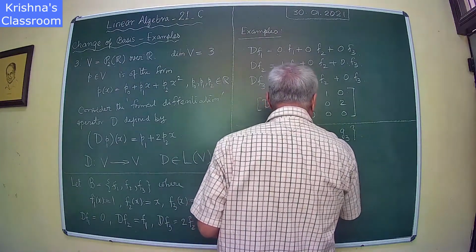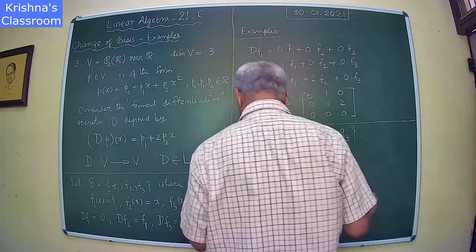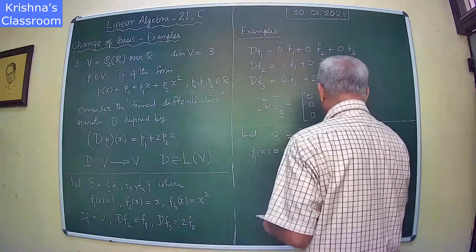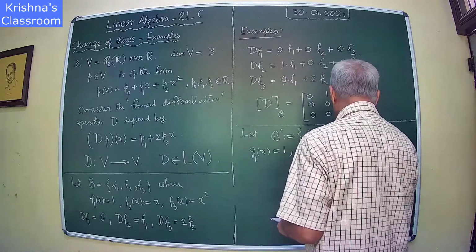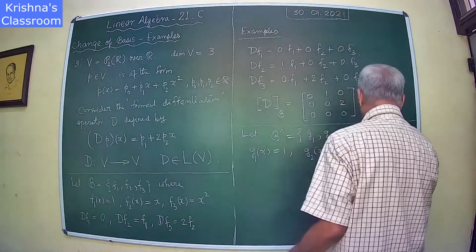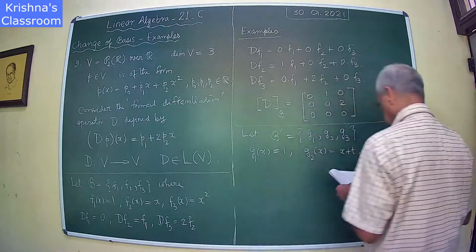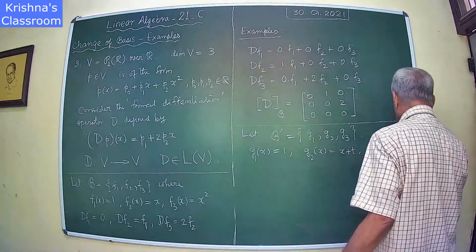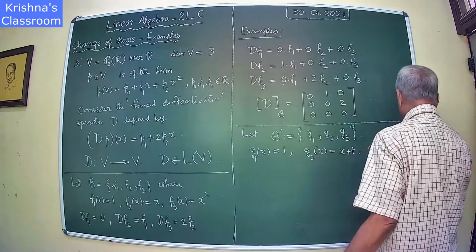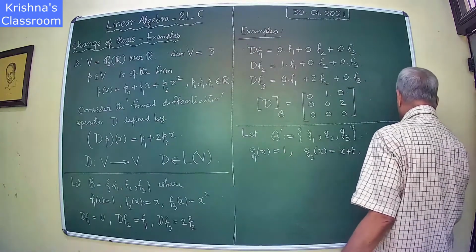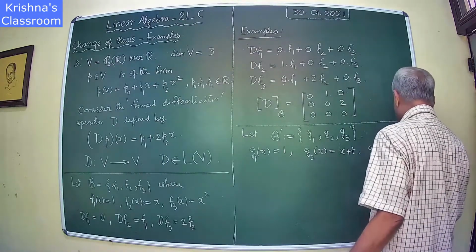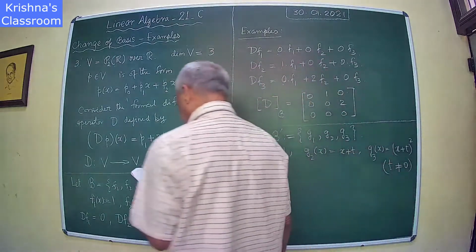G2(x) we take as x plus t. G3(x) we take as (x plus t) whole square, but t is not equal to 0, some real number which is not equal to 0.